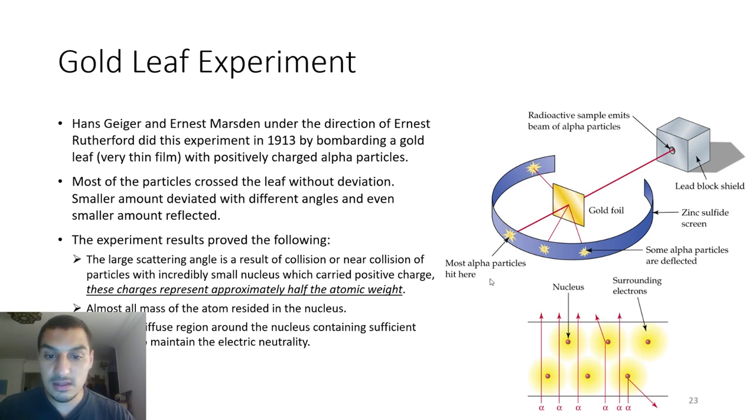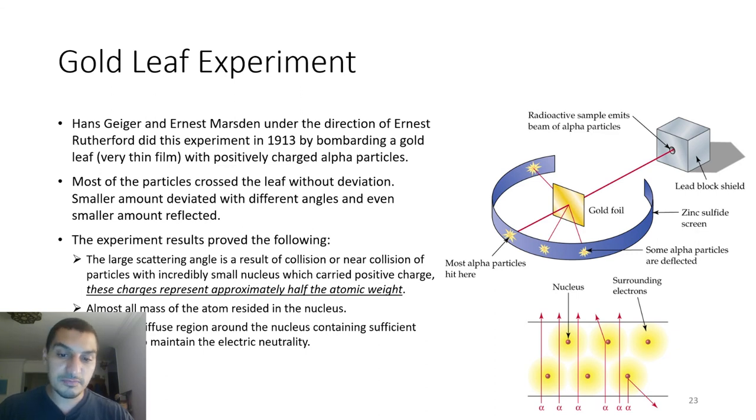And this led, after some experiments, to the conclusion that the atom is composed of the positive particle, which is the protons, and the electrons, and they are not sticking together, as we said before, and that the weight of the proton is the big part of the weight of the atom. It's mostly concentrated in the proton, and this is the bulk of the weight, and then the whole space is just space. It's not filled with any material that contributes to the weight of the atom.